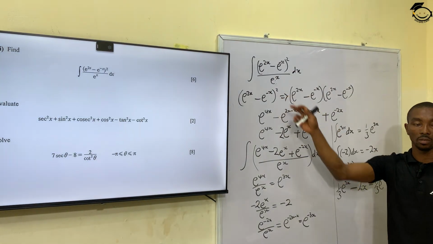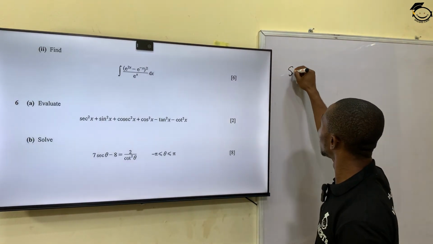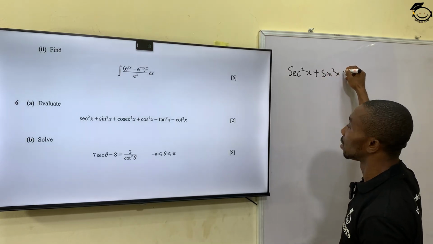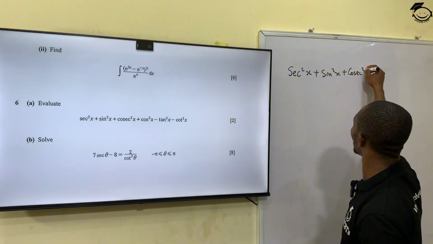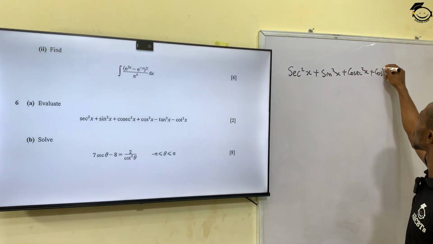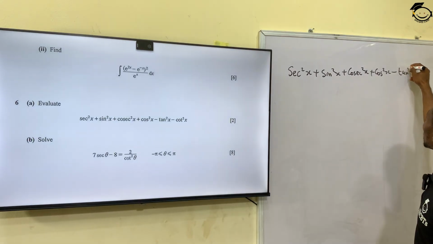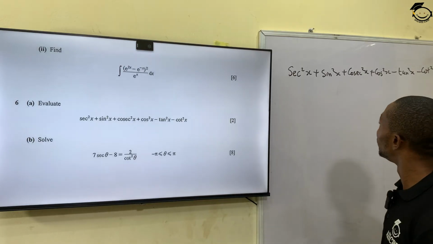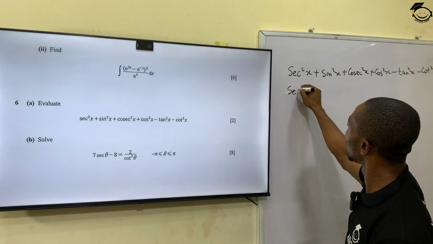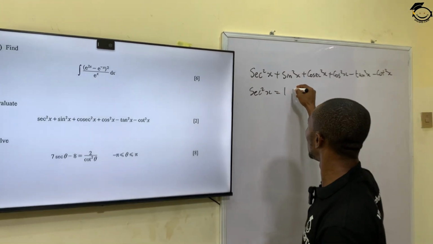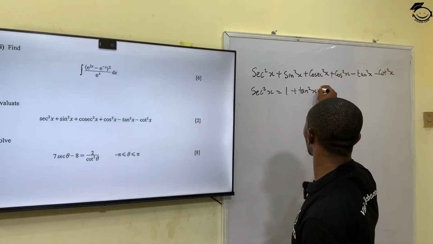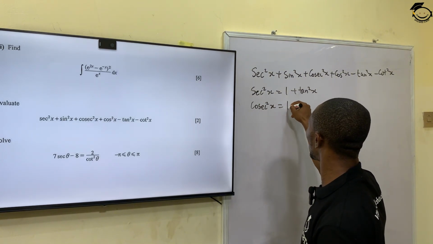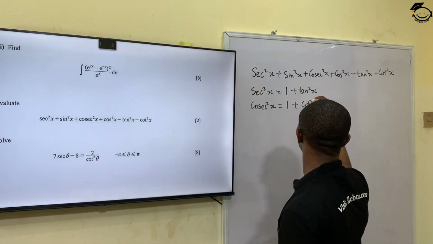Evaluate sec squared x plus sine squared x plus cosec squared x plus cos squared x minus tan squared x minus cot squared x. Now, we know that sec squared x is 1 plus tan squared x, and cosec squared x is 1 plus cot squared x.